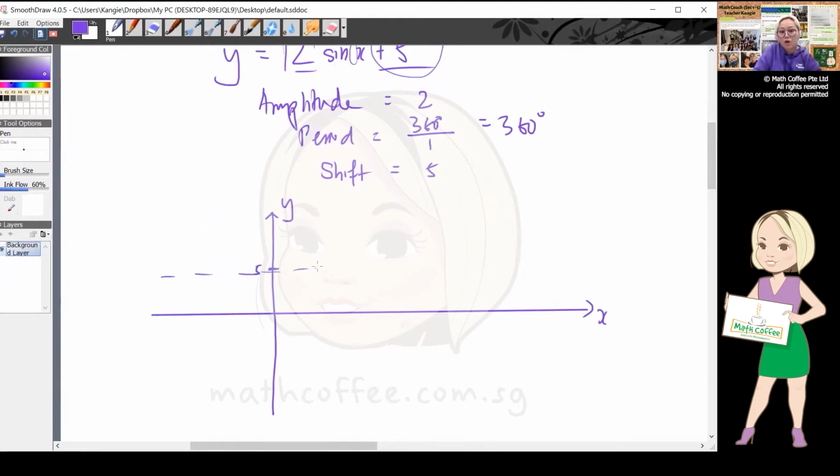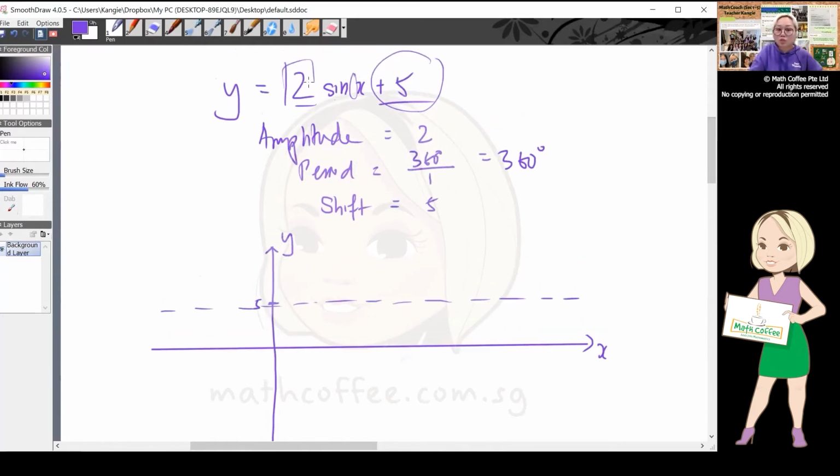This is my so-called new x-axis. Then my amplitude is 2, right? So 5 plus 2, my maximum will be 7. 5 minus 2, my minimum will be 3. You understand? The amplitude means the thickness of your graph. From here to here is 2, from here to here is 2. You understand?